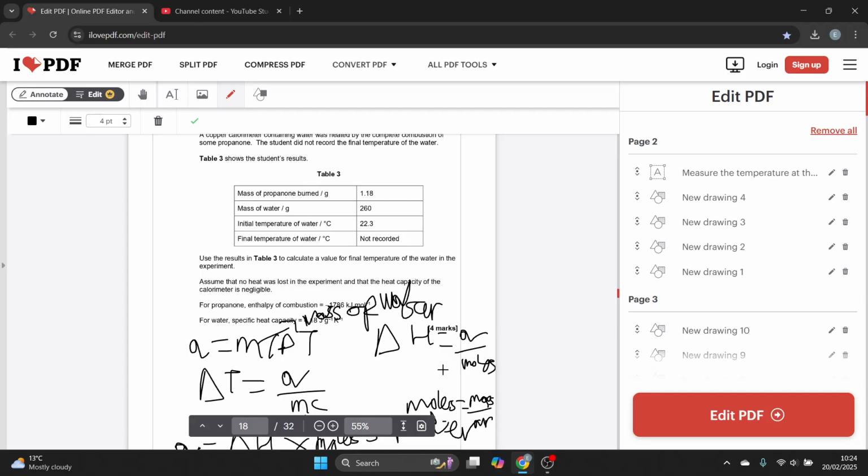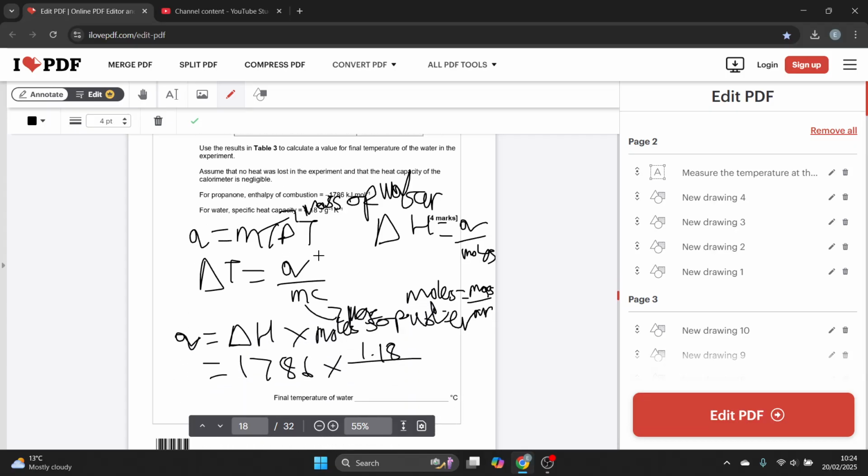And then I get delta T. But one thing you need to notice is that because for delta T I want it in degrees Celsius, Q has got to be in joules. So I get 0.034, therefore that times by 1000 over mc, or I can just times my answer by 1000, and I get 33.4 degrees Celsius as delta T.